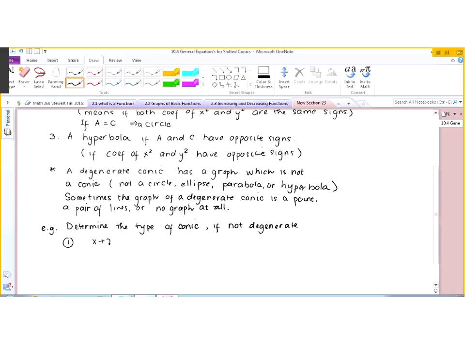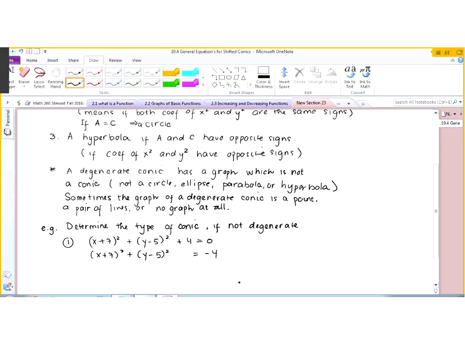Okay, so number 1. (x plus 7) squared plus (y minus 5) squared plus 4 equals 0. So what would you do here? What were you trying to do? So (x plus 7) squared plus (y minus 5) squared is equal to -4.